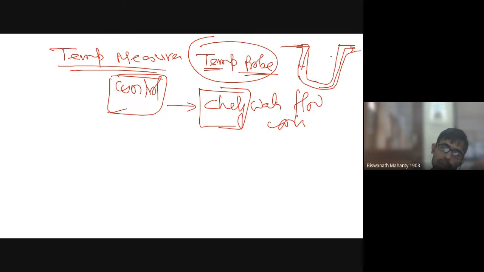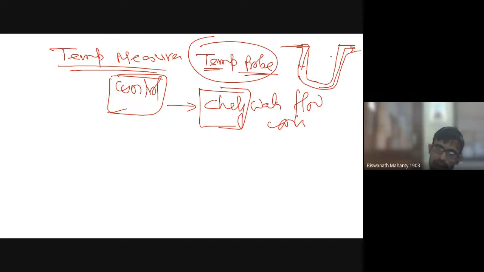For example, pH measurement and pH control: pH measurement is done by a pH meter, and pH control is done by two peristaltic pumps connected with the drive. The pump controls the flow of acid or base. So control is different, measurement is different.